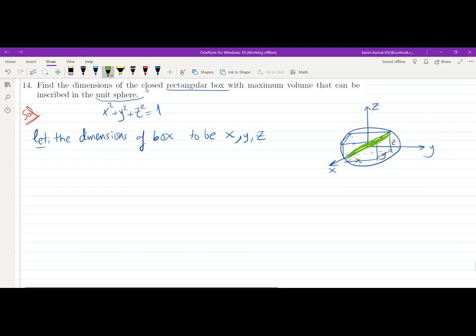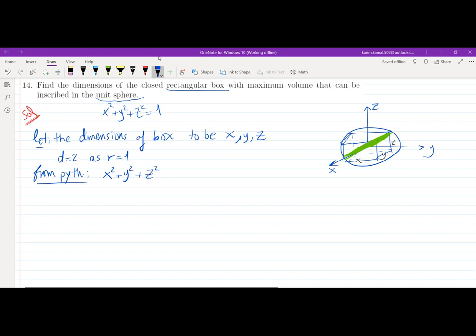The diameter of a sphere equals 2 as r equals 1, and from Pythagoras we can state that x squared plus y squared plus z squared should be equal to 4.